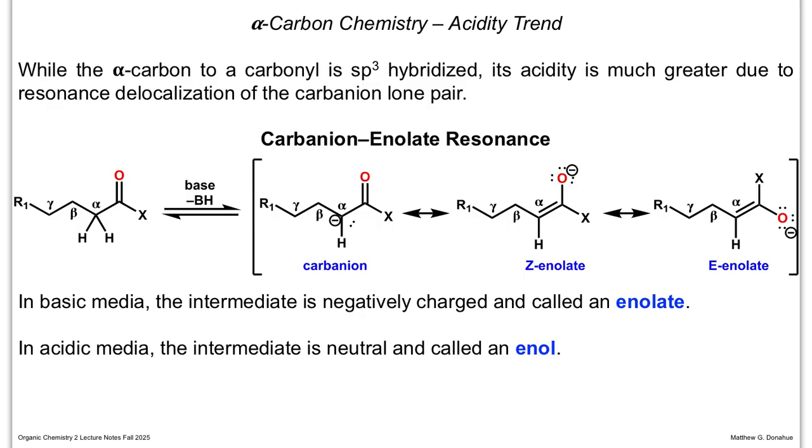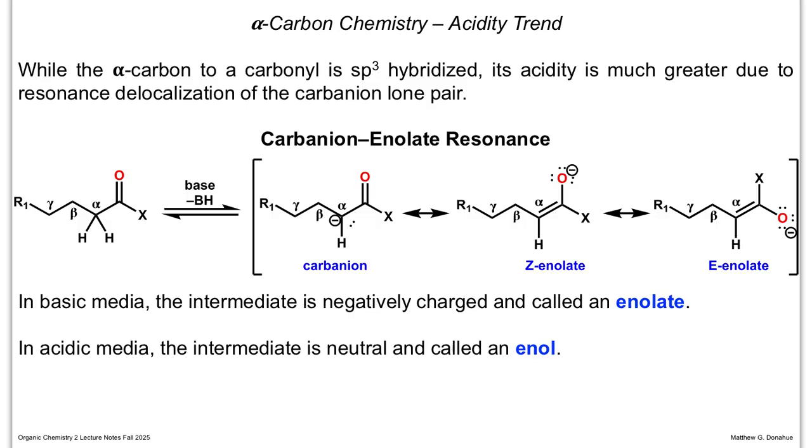One of the complicating factors about generating an enolate, depending upon what X is, no matter what that is, you can draw at least 3 minimum resonance forms.